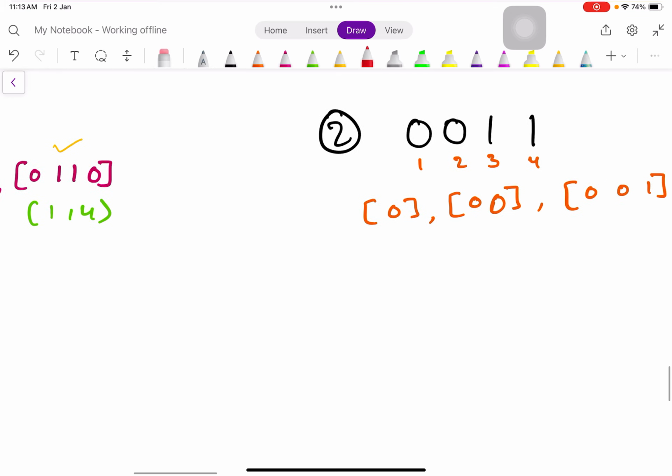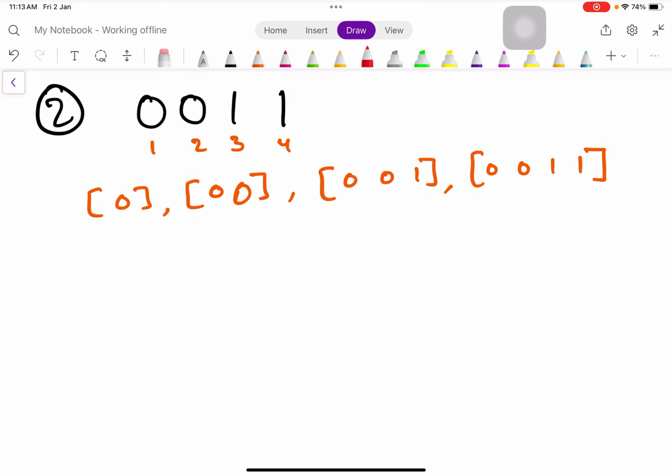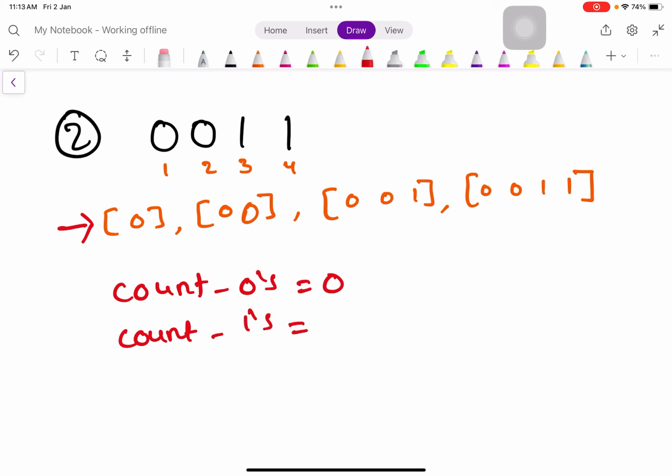Let's understand this with one more example: 0011. These are the possible prefixes. For each prefix, we find the count of zeros, initially 0, and the count of ones, initially 0, and the answer is also 0.